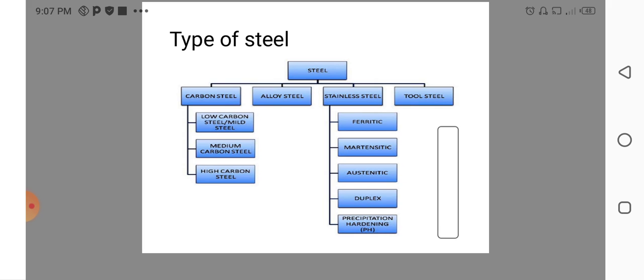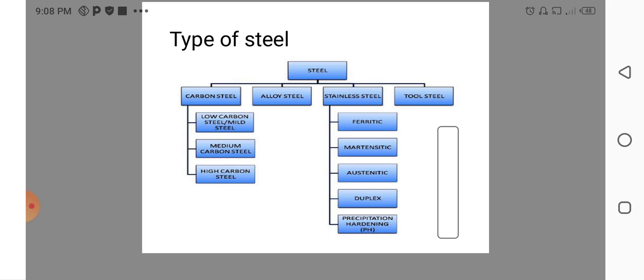Mild steel has less carbon so its strength will be lower than other steel, but it has good ductility property. So these properties will be useful for some elements of a structure.